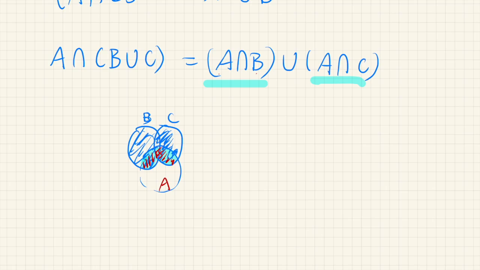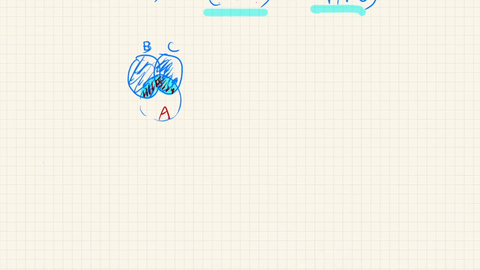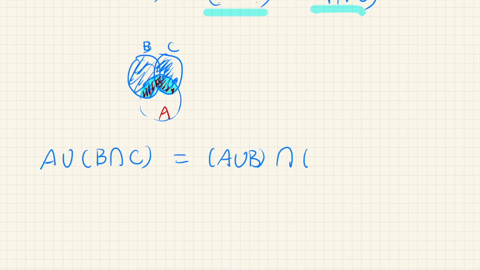And if you take the union, it will be the same area as this. And similarly, we have A cup (B cap C) is equal to (A cup B) cap (A cup C).